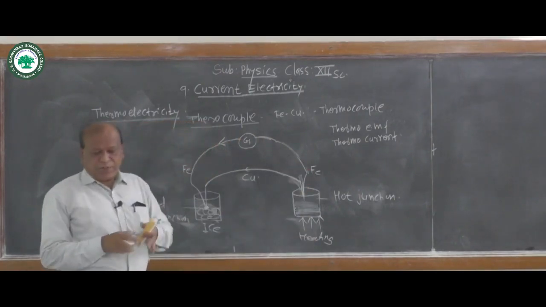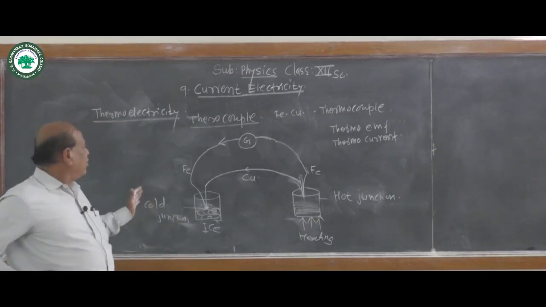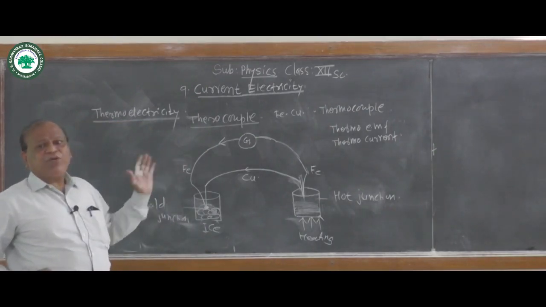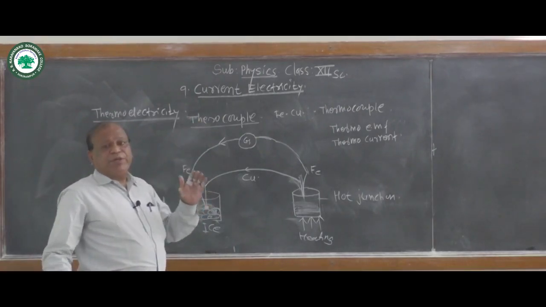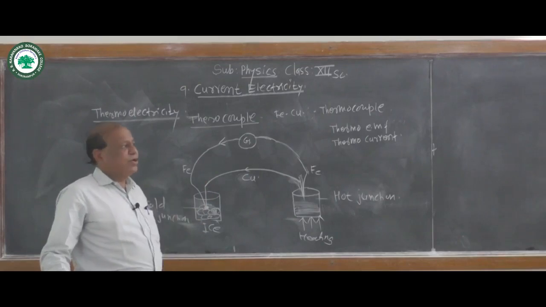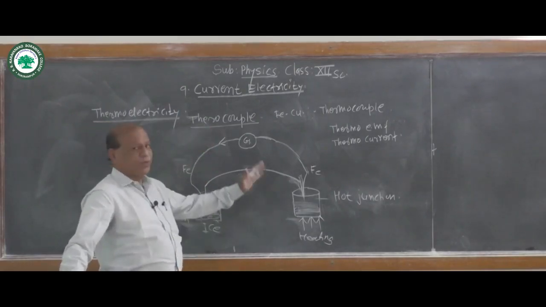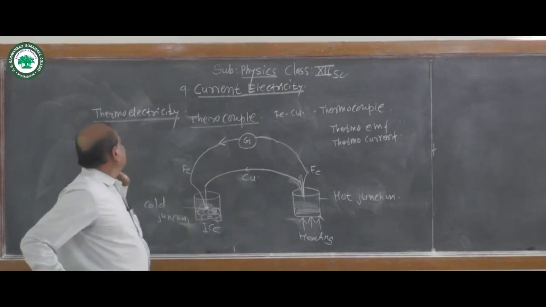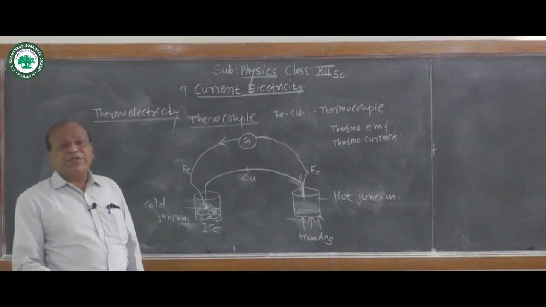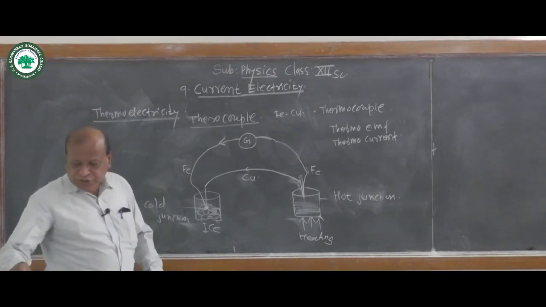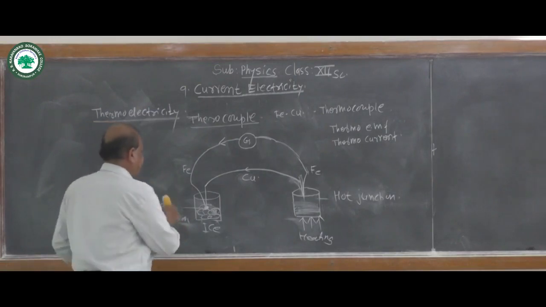For this thermocouple, interchanging the positions of the hot junction and cold junction reverses the direction of current, like this one. This is about the Seebeck effect or thermoelectric effect, which is studied in thermoelectricity.